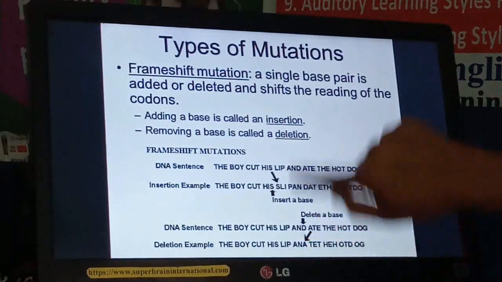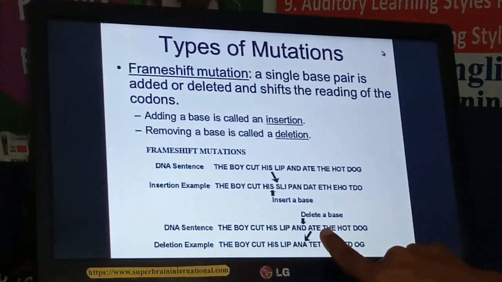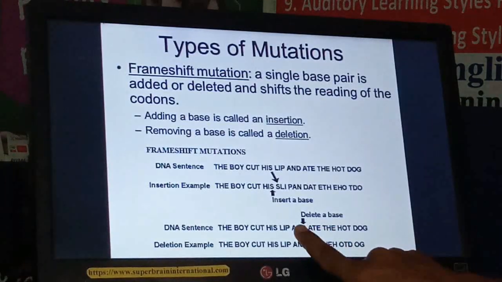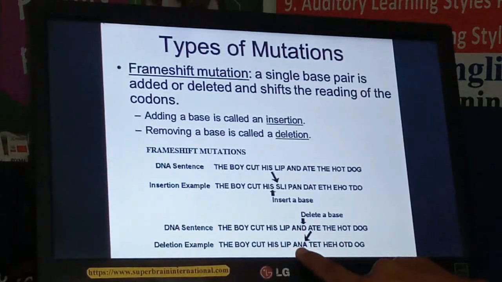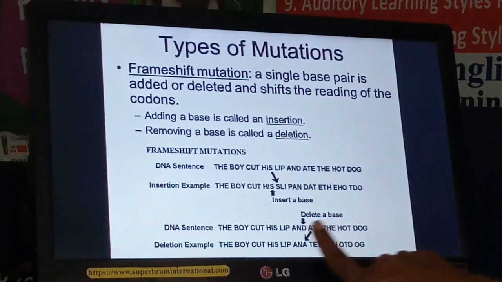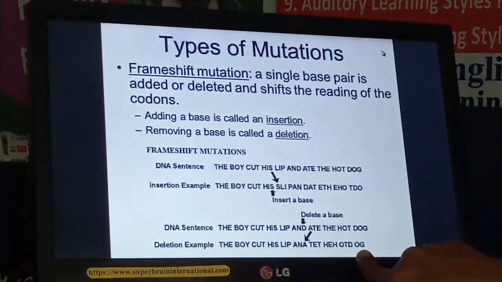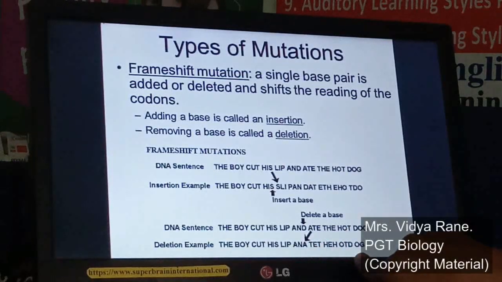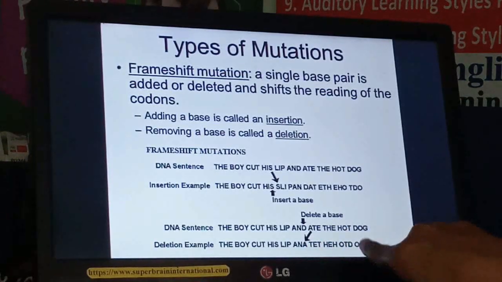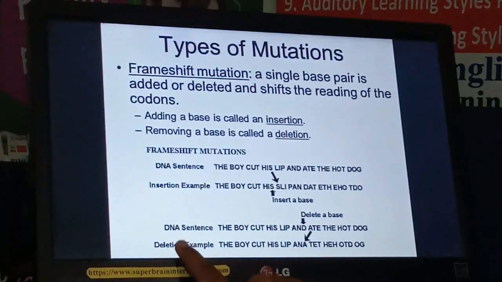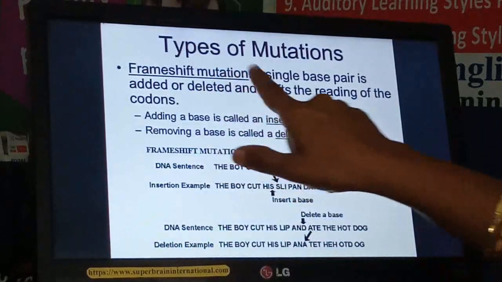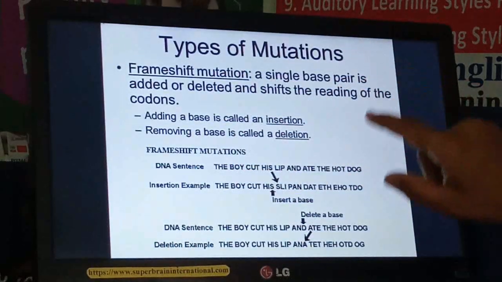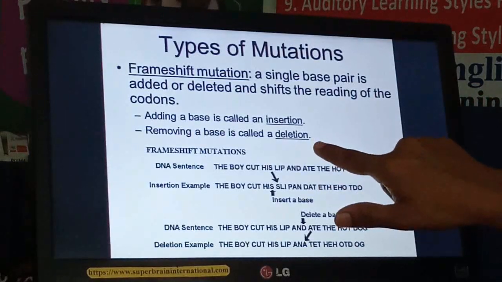As D is removed from here, the next letter A is shifted here and it becomes A and A. Because of this shifting, one letter shifts ahead to form a triplet, and further all meaning has changed. So a change in meaning, or a change in amino acid, also takes place due to deletion. So frame shift mutation takes place due to insertion or due to deletion.